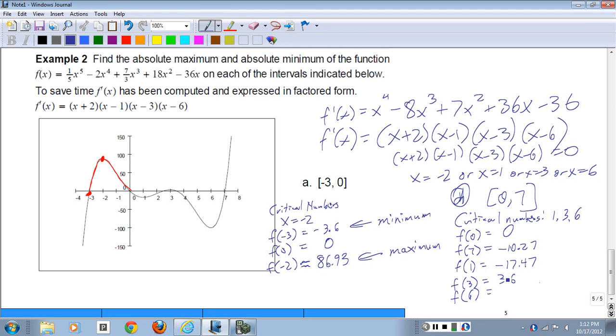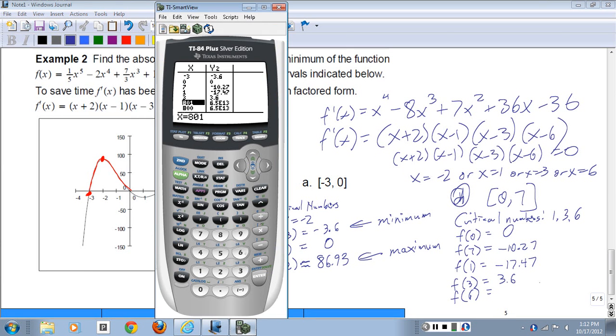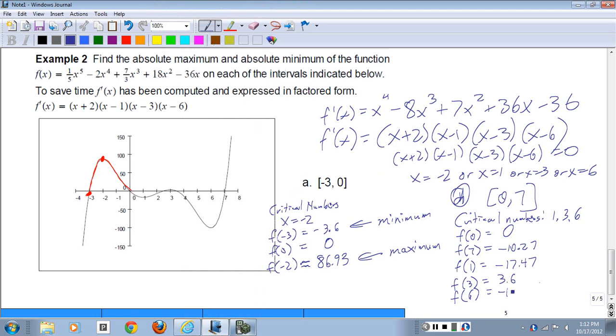It's curious that f of 3 and f of negative 3 are opposites of each other. f of 6, negative 100.8. If you want another decimal place, negative 100.8. All right. What's the least of these? So minimum. And what's the greatest of these? Maximum. So they both occur at critical numbers.